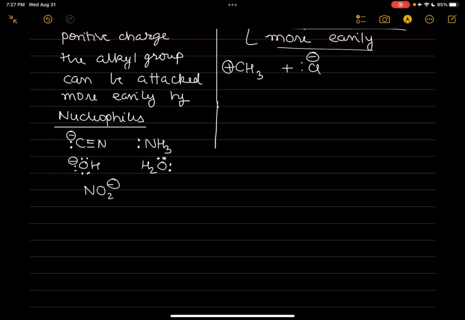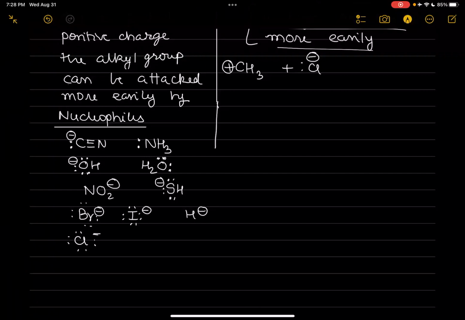NO2 minus, okay. SH minus, Br minus, I minus, yeah, correct. Sometimes you have H minus also. Yeah, Cl minus. But these are actually weak nucleophiles because they are very stable.